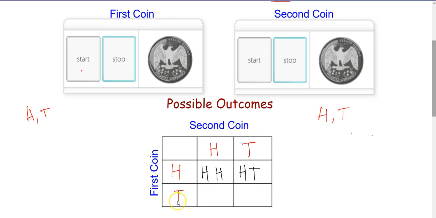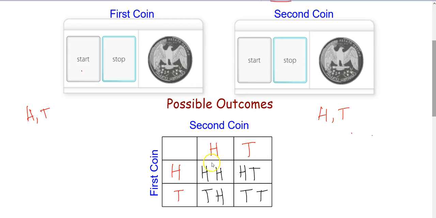Now come to the second row. In this, we have written tails here. So the tail is the outcome from the first coin, and the heads H is the outcome from the second coin. And in the last cell we have T and T, tails from the first and tails from the second.